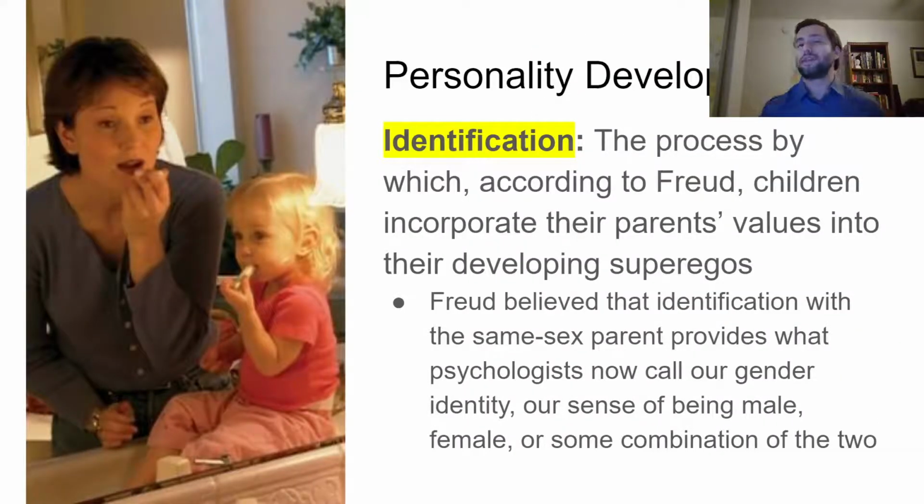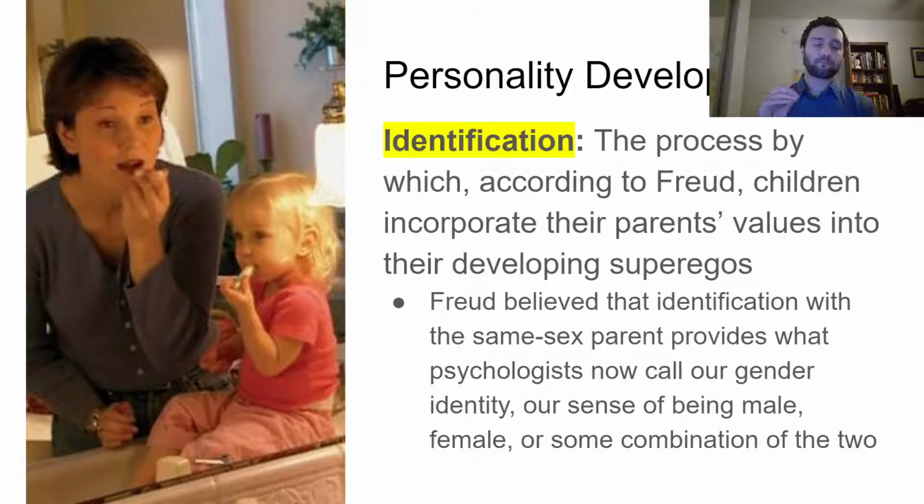That gets us to identification, and this is, again, coming right out of the different complexes that we just talked about. So identification is a process where children incorporate their parents' values into their superego. If you remember, the id is something we're born with. The superego develops over time, right? Because it's about authority figures and authority in general.